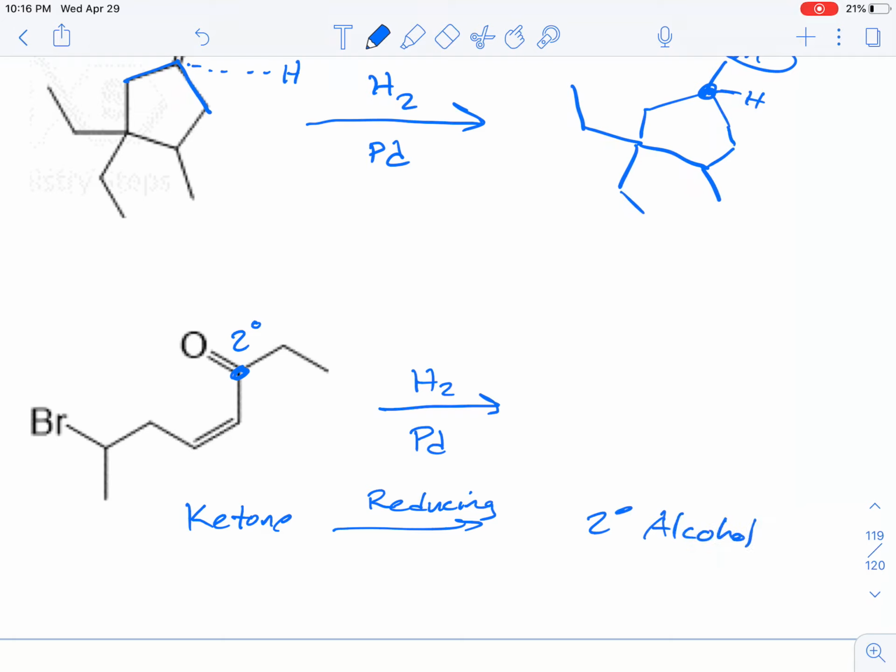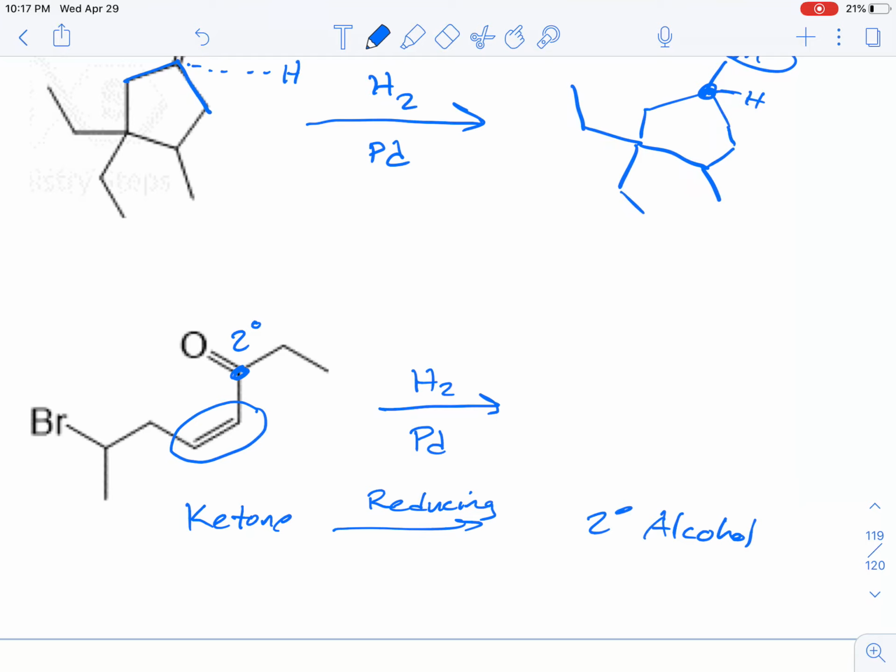Now, the reason why I chose this example is because there's a double bond. And so if my reagent is H2Pd, if you recall from chapter 11, what happens when you have a double bond and it's being treated with H2Pd?